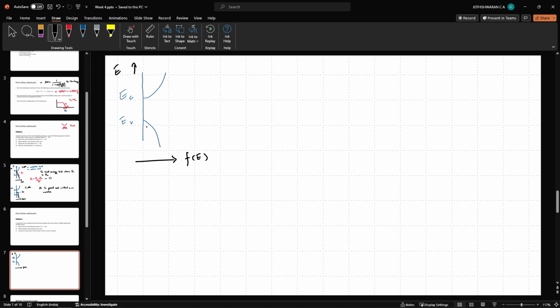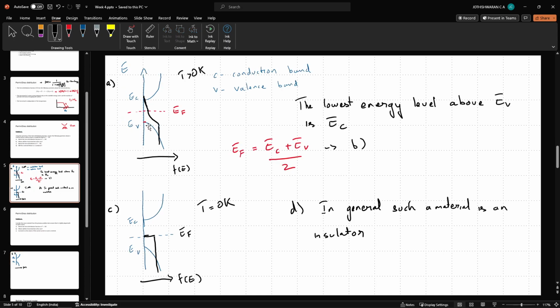If the electron in the valence band gets some energy, where is it going to go first? In the previous case, the next immediate energy value it could possess was EC, the lowest energy level above EV.